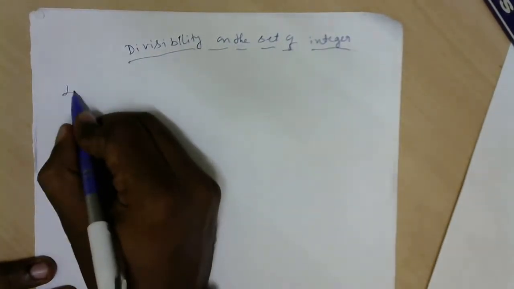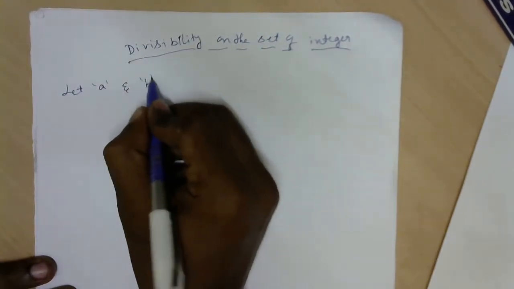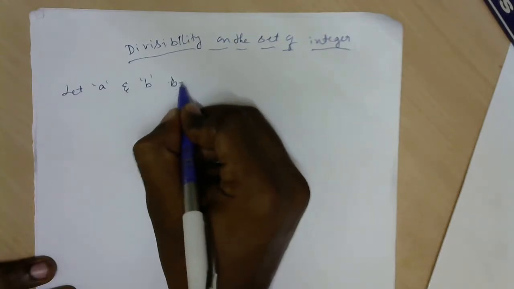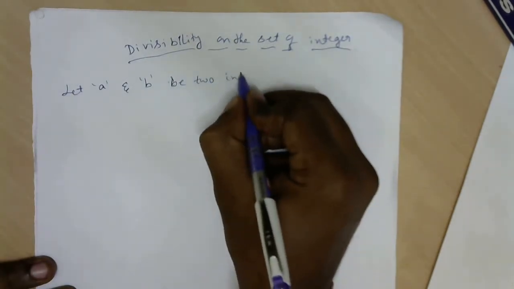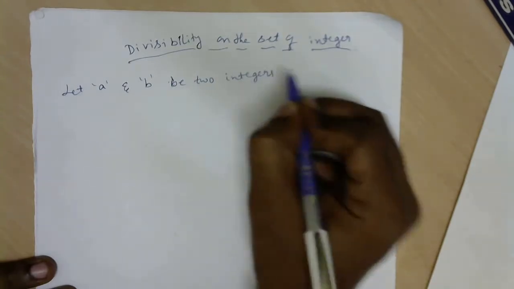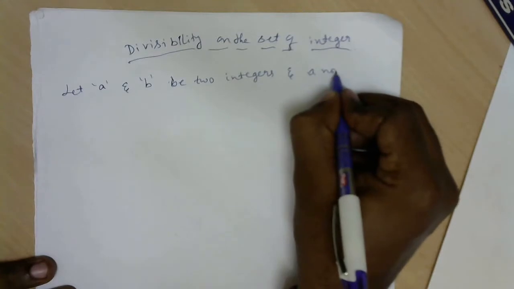So here let a and b be two integers and a non-zero.